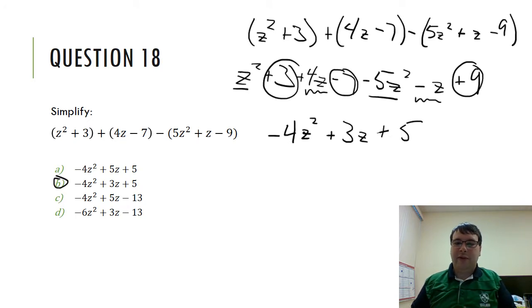All right, this one just gives us the very simple instructions of simplify. Let's try it. So I have the quantity z squared plus 3, plus the quantity of 4z minus 7, minus the quantity of 5z squared plus z minus 9.